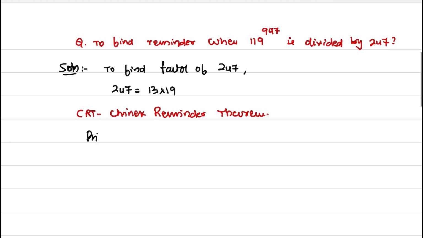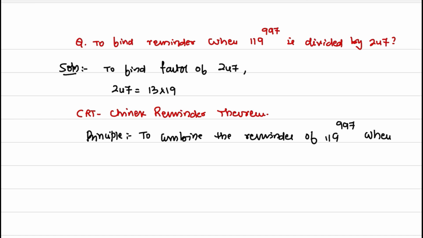The principle is to combine the remainders of 119 to the power of 997 when divided by 13 and divided by 19. Please follow this procedure perfectly.